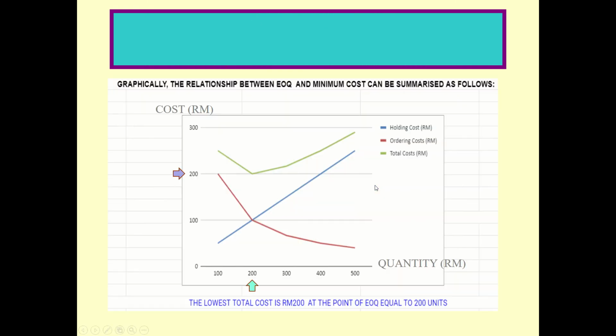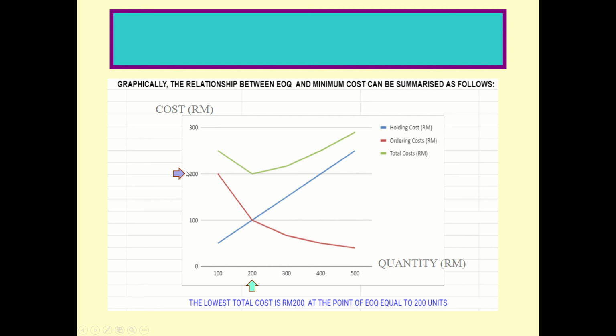So from this table we can present it by using the graph. And from this graph, it shows you the relationship between the EOQ and also the minimum cost. Okay, the cost that will be minimum is at 200 ringgit. From this graph, we can see that the minimum point of the cost is at 200 ringgit.